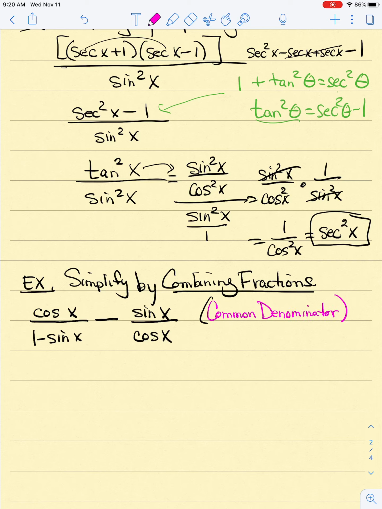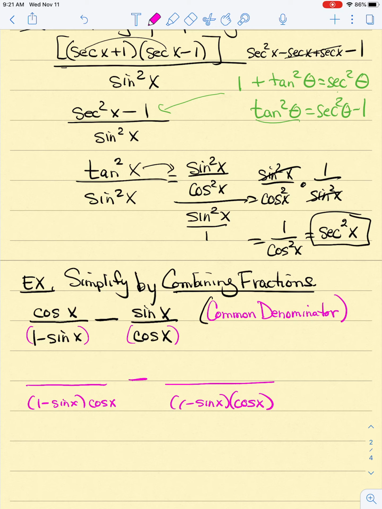Okay, back to your fraction adding days. So that denominator is going to be the whole denominators that we see here, the 1 minus sine x and the cosine x. All right, so 1 minus sine x, cosine x. I don't know why I put an extra parenthesis on there, I just did. Okay, so on the first one, on the top, we have cosine x. What are we going to have to multiply that by?